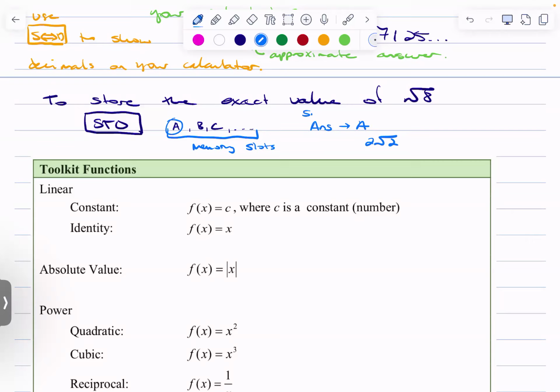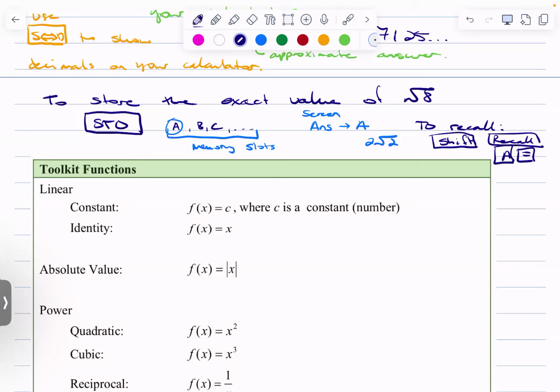And then to recall, you can clear your screen and go shift, recall, and then it shows all your memory, and hit A. So shift, recall, A, and then equals. And it should say 2 root 2.